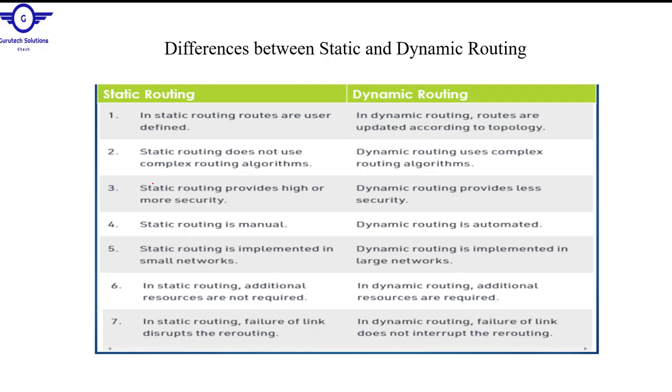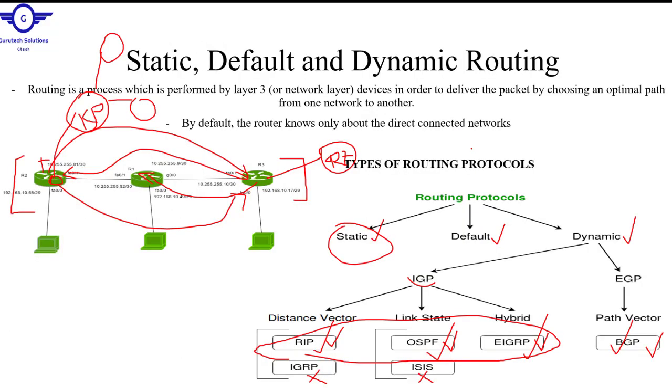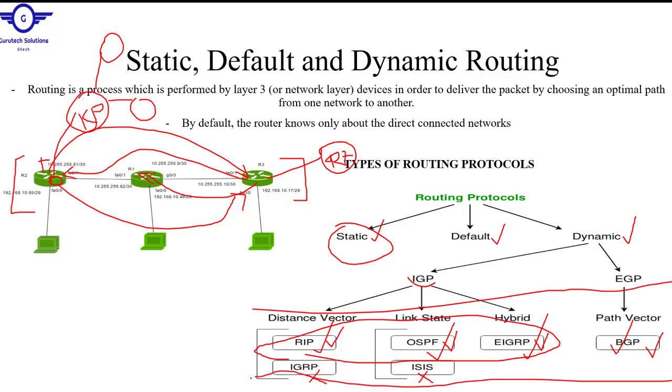Okay. So these are the differences between static and dynamic routing. There are a lot of differences here. In static routing, routes are user defined. User defined just means that you enter them manually. But in dynamic routing, routes are updated according to the topology. Static routing does not use complex routing algorithms, but for each of these routing protocols, they have to use algorithms to advertise and discover neighbors.